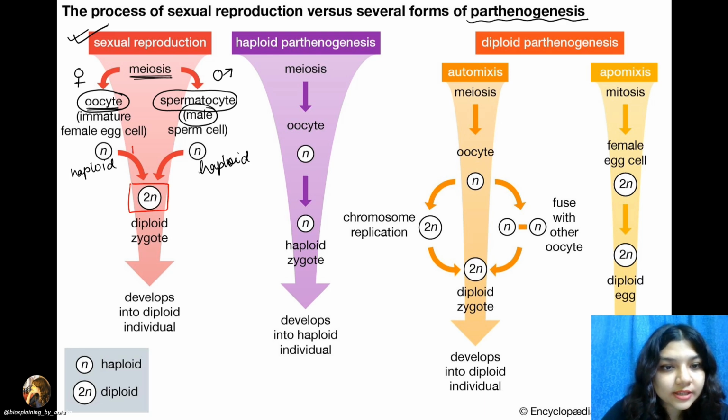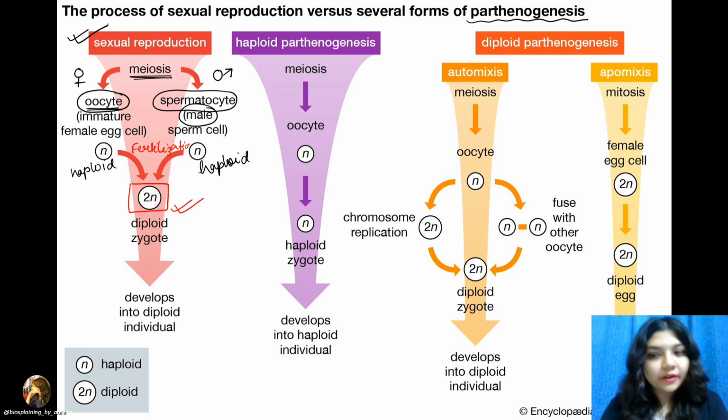So in this case, fertilization will happen and 2N, that is a diploid zygote, will be formed. Right? A diploid zygote is formed. तो diploid zygote से एक entirely diploid individual is formed. ये है normal case, sexual reproduction. ठीक है? अब parthenogenesis क्या चीज है?